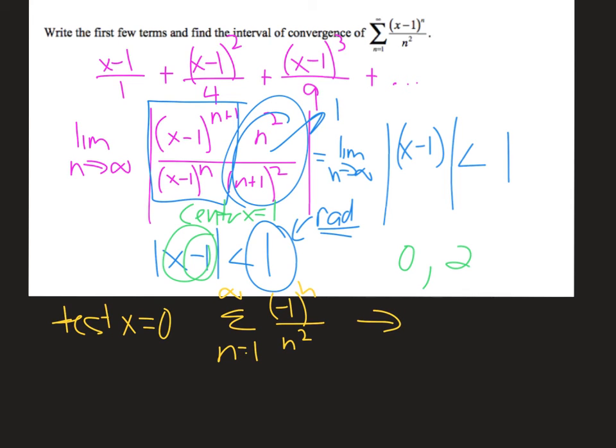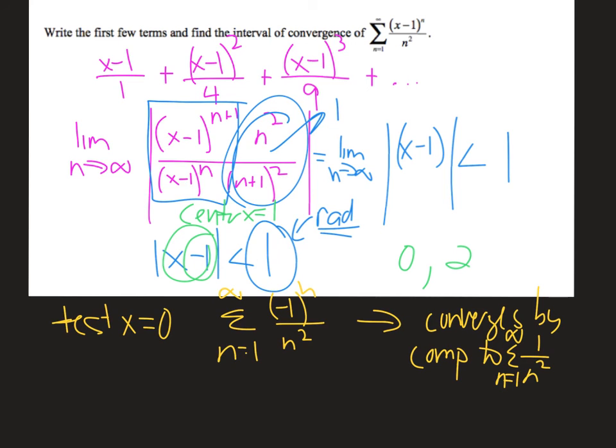So I'm going to claim this converges by comparison to 1 over n squared. So I didn't write out a full explanation there, but 1 over n squared I know converges. -1 to the n over n squared is less than 1 over n squared, so therefore that also converges.